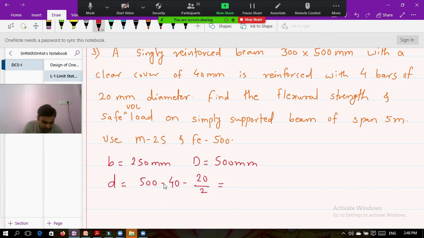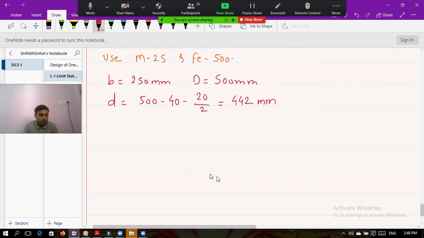What do you get? It is 442. Am I right? Now again, AST, area of steel. What is AST? 4 bars of 20 mm diameter. So 4 into pi by 4 into 20 square. So if you do this, what is the value?